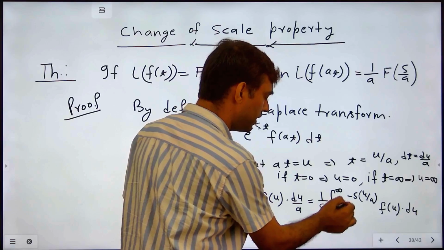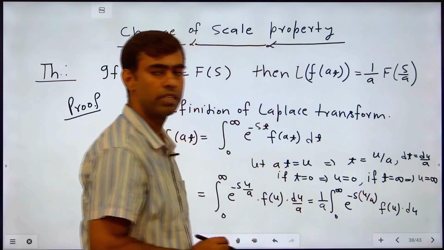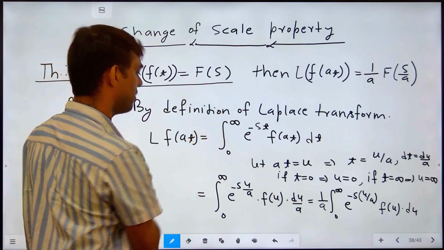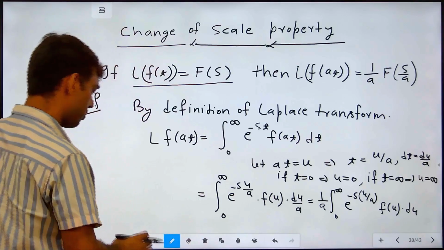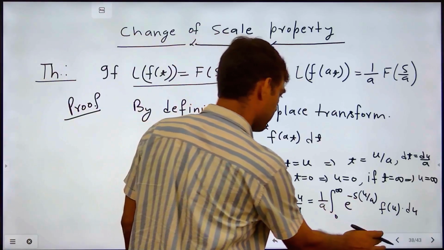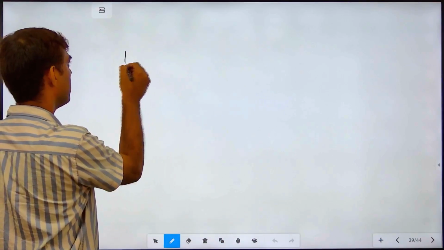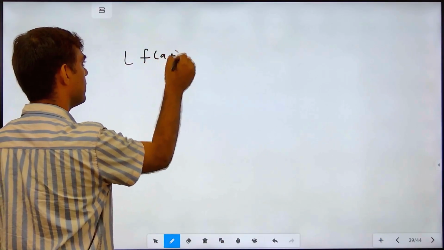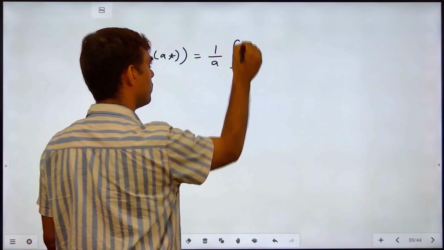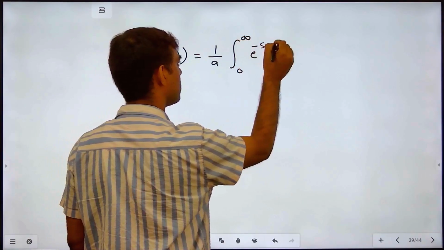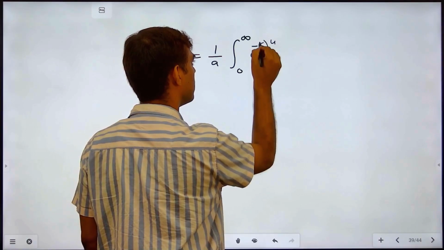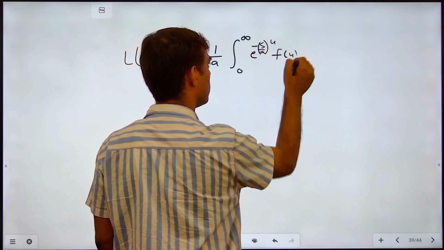The integral of e^(-st) f(t) dt equals F(s). Here the Laplace transform of f(t) is given as F(s). So the Laplace transform of f(at) equals 1/a times the integral from 0 to infinity of e^(-(s/a)u) f(u) du.